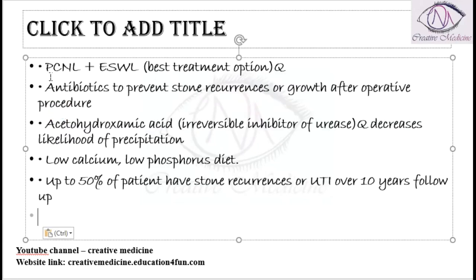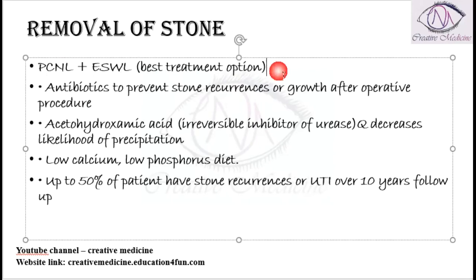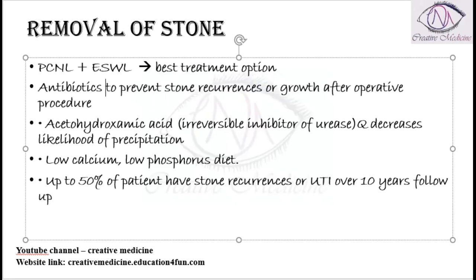Then, what do you do in order to first remove the stone? For removal of the stone, we can do percutaneous nephrolithotomy with extracorporeal shock wave lithotripsy. This is the best treatment option for the removal of the stone. Then, in order to prevent recurrences of the stone, antibiotics are given.